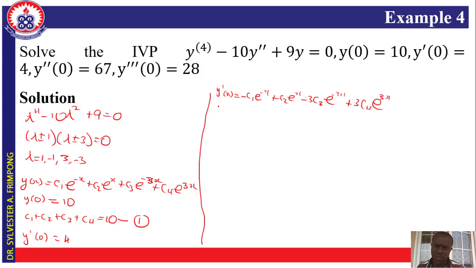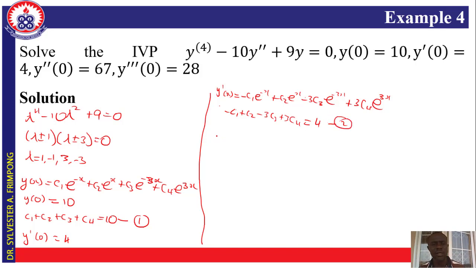When you put in the initial condition y prime of 0 equal to 4, we get negative c1 plus c2 minus 3c3 plus 3c4 equal to 4. We can call this equation 2.